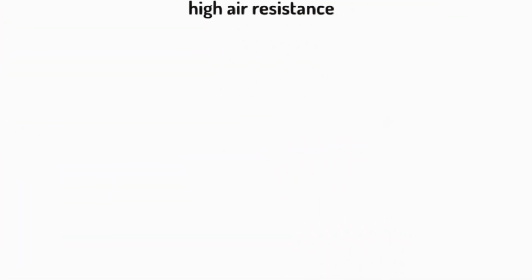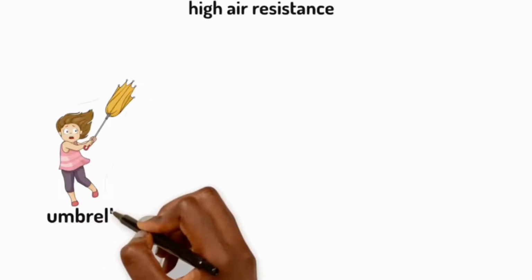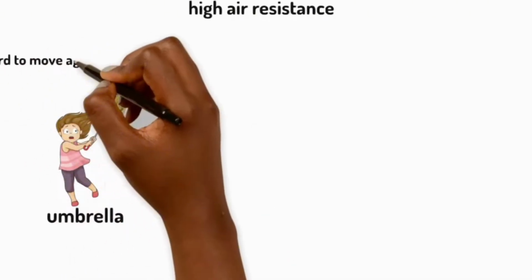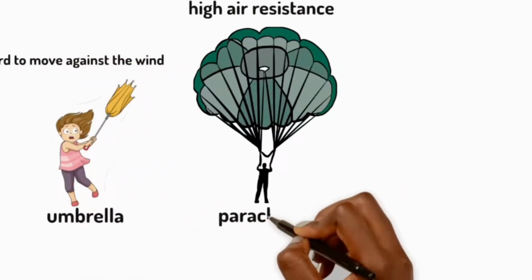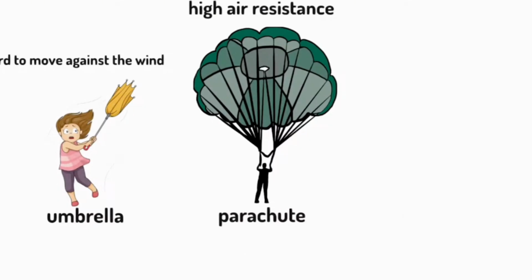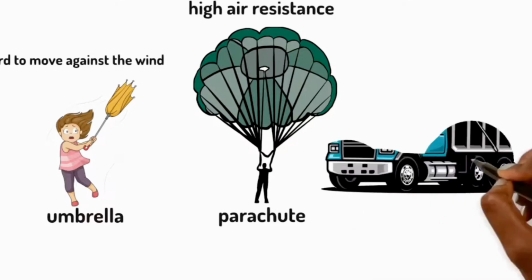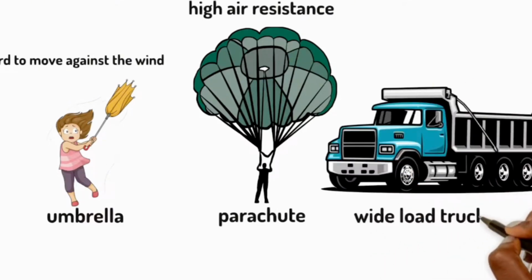Some examples are the force of wind on an umbrella, making it hard to move against the wind, or parachutes, which are actually designed to have high air resistance. This helps them to fall slowly and land safely. Or bulky, wide-load trucks, which can slow down quite a lot due to strong winds on the highway or motorway.